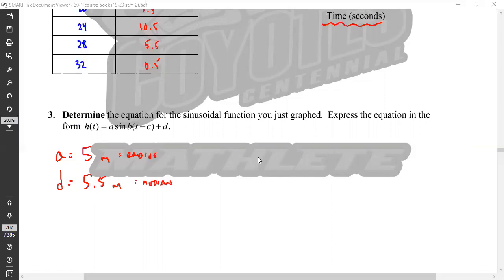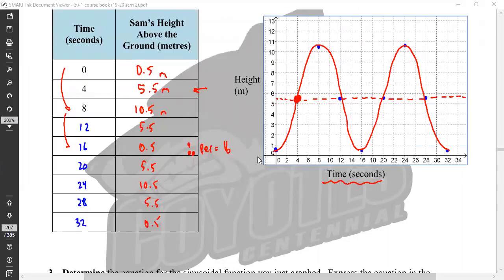We have b is equal to 2 pi divided by period. We said it took 16 seconds to do one full revolution, so this is pi over 8. Now, c is going to depend on which we're doing, but we're doing this as a sine graph, and we said that c ends up being your start point for positive sine, which is here.